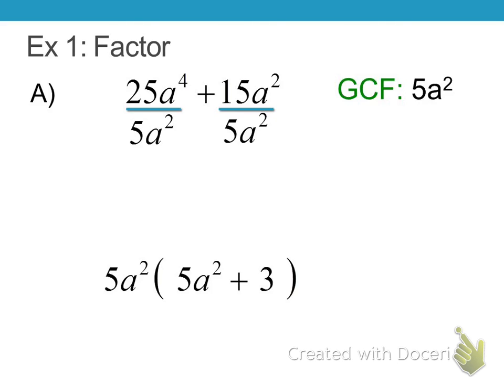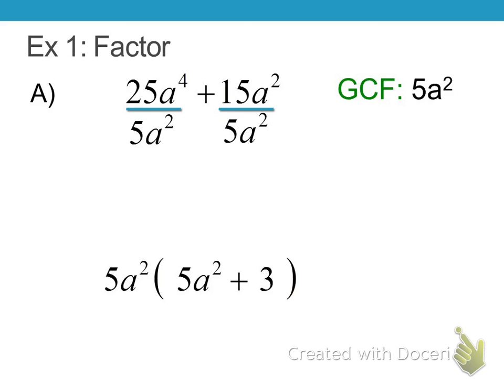So you write the GCF in the front, and then in parentheses, you write what you have left over. Remember, to factor just means to rewrite as a multiplication problem. Yes, sir. So basically it's the GCF multiplied by the answers of the division from the terms.